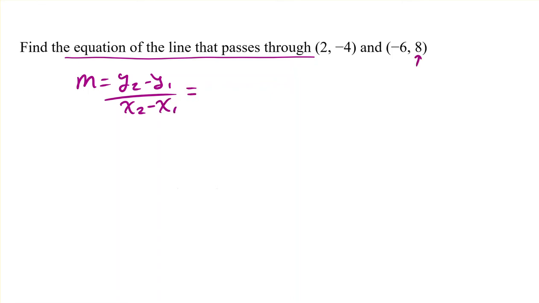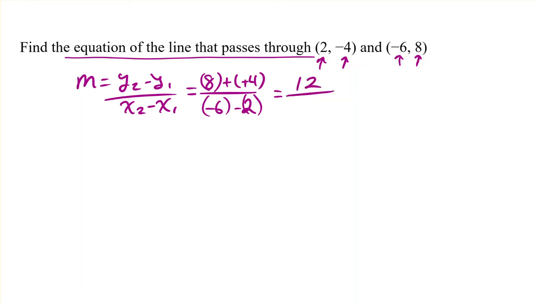So y2 minus y1, 8 minus negative 4, over x2 minus x1, negative 6 minus 2. 8 minus negative 4 is actually 8 plus 4, which is 12, and negative 6 minus 2 is negative 8.